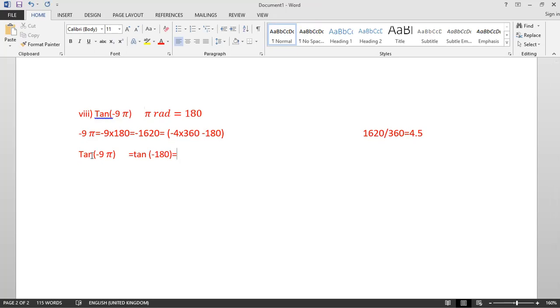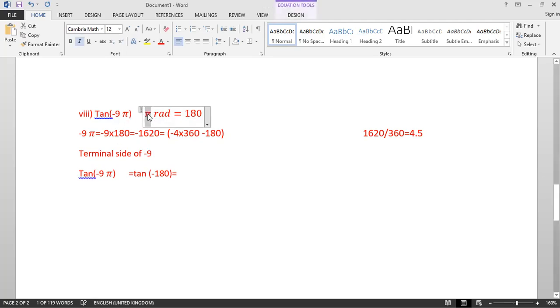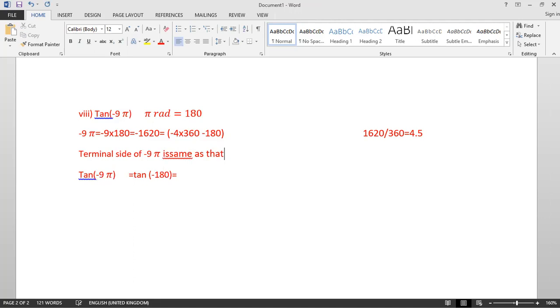We can write that the terminal side of minus 9 pi is the same as that of 180 degrees.